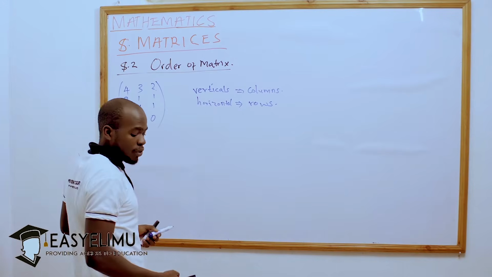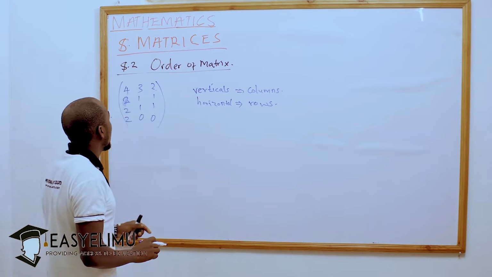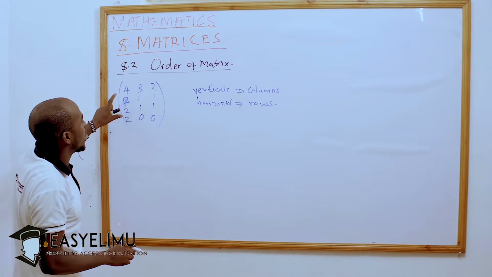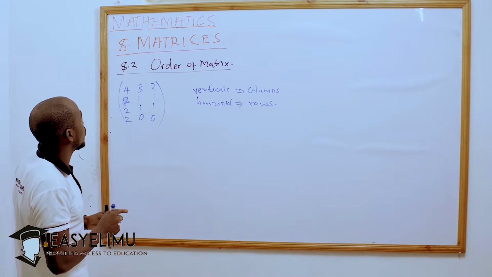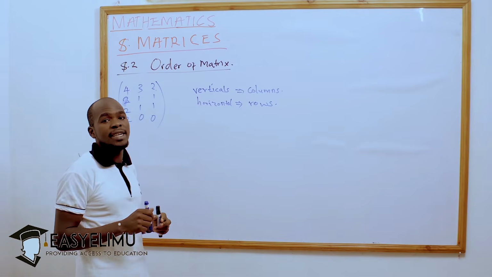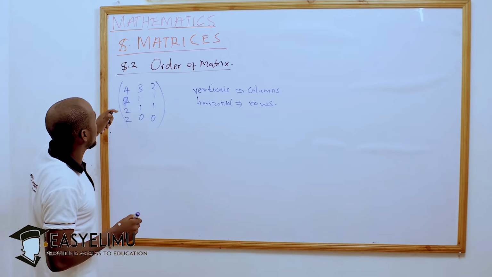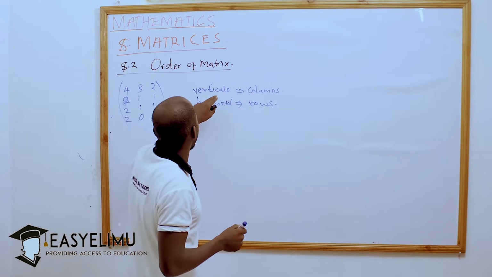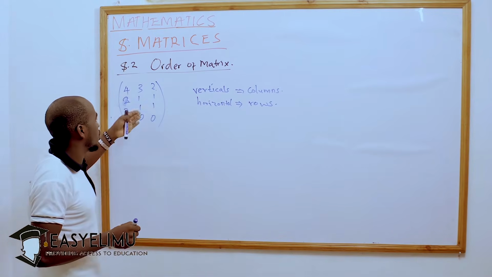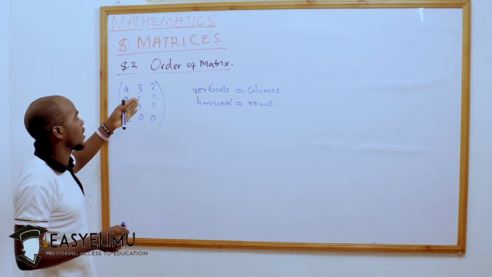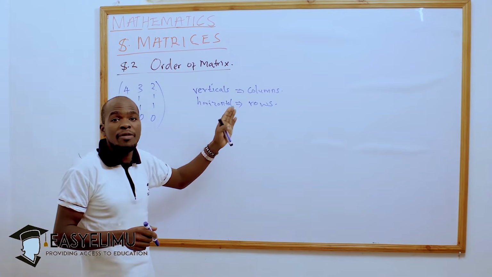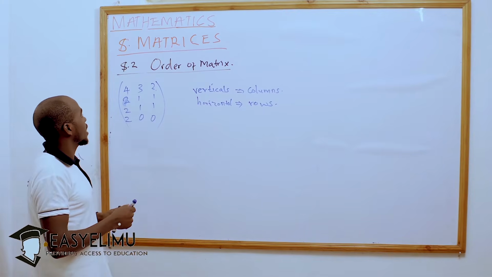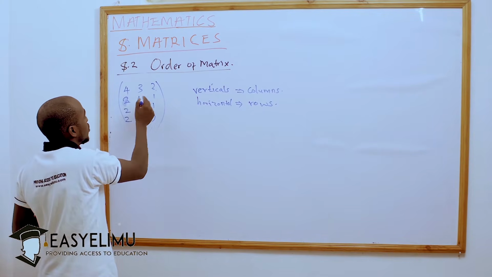So in short, we are going to consider what order we refer to if we have a certain matrix. For our case here, the vertical lines will be referred to as columns, and the other ones are rows.